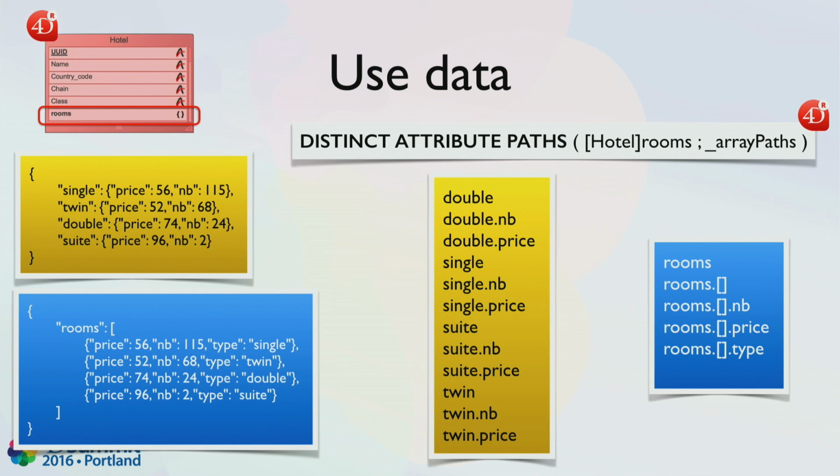Nobody? Okay. Rooms length gives you the number of items inside the array of rooms. Okay, that's a virtual attribute, a virtual path automatically added by 4D.